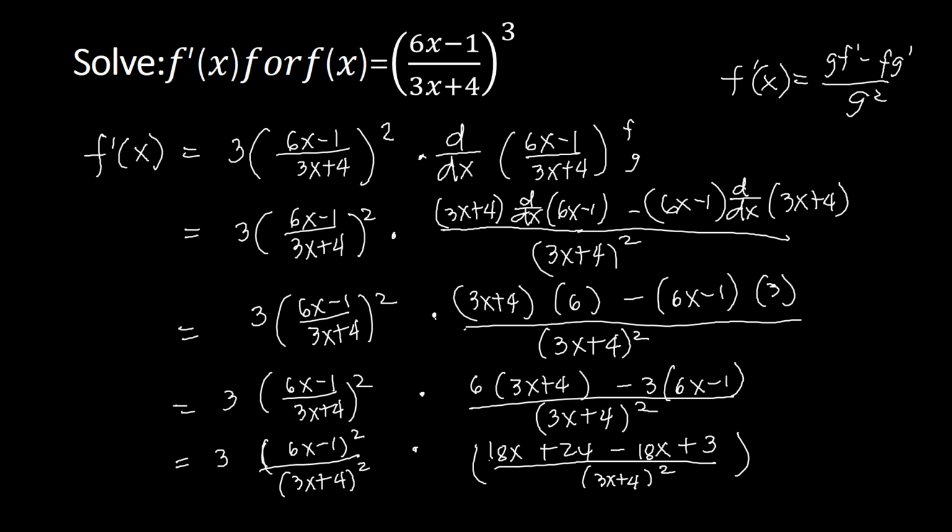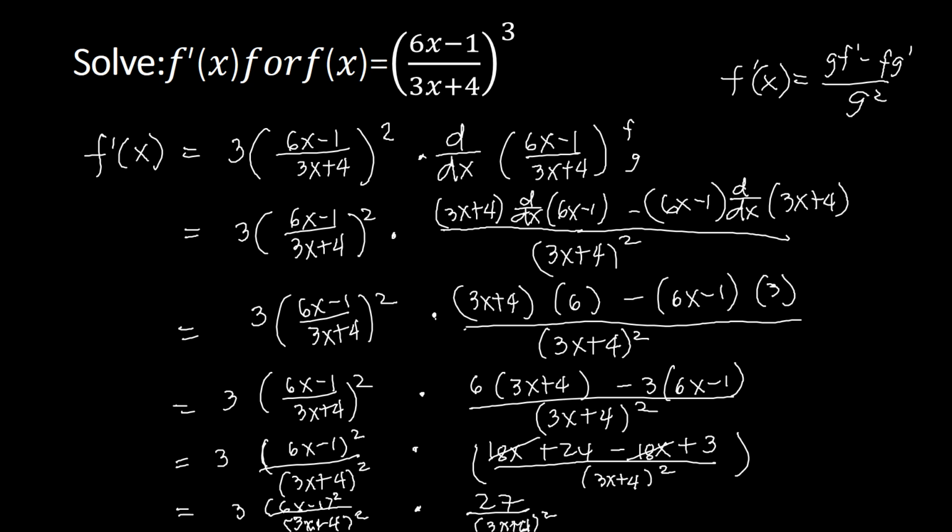The 18x terms will cancel out because that would lead to 0. 24 plus 3, that's 27. So we have it simplified as 3 times 6x minus 1 squared over 3x plus 4 squared, and then times 27 over 3x plus 4 squared.